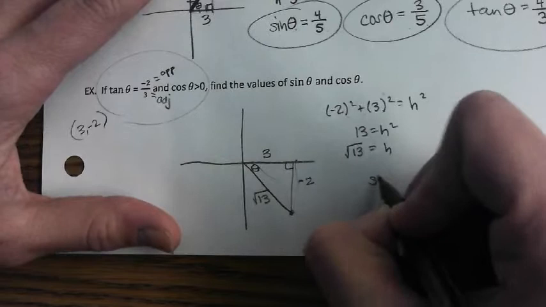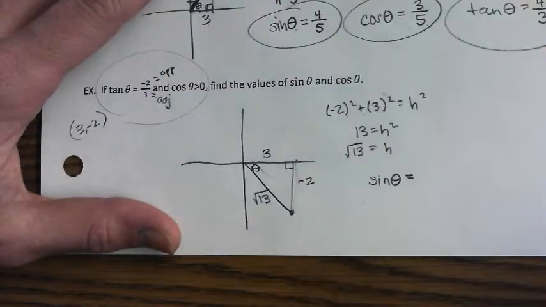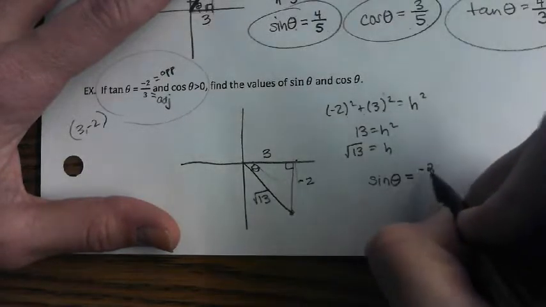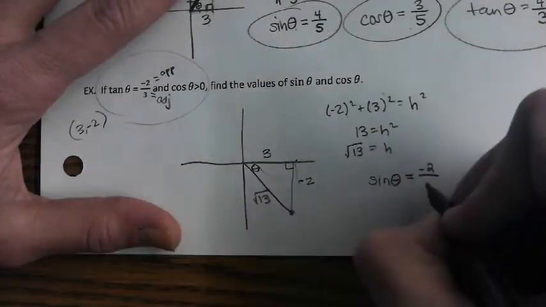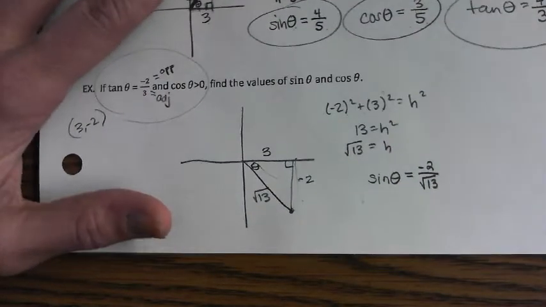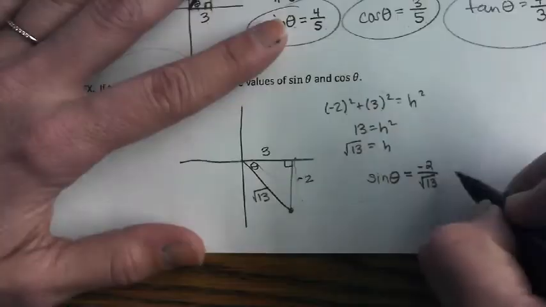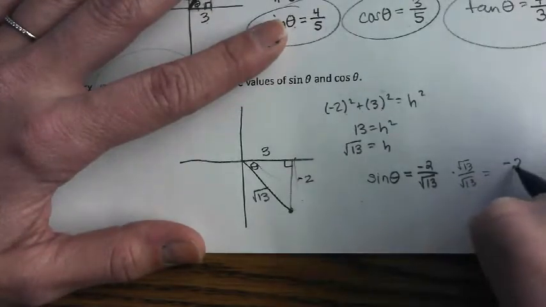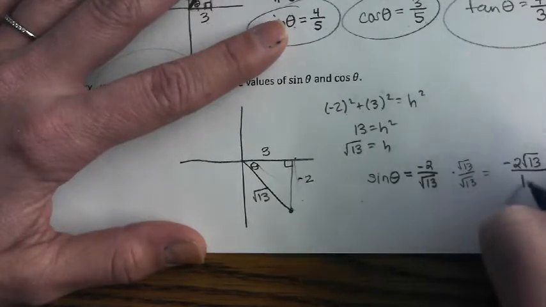Grace, what's the sine of theta? Perfect. Except for, what don't we like about that? Right, so we would rationalize by multiplying by root 13 over root 13, and we get negative 2 root 13 over 13.